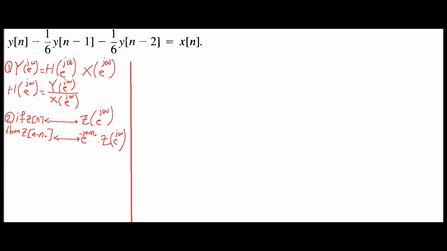The third point, which we have mentioned many times in previous videos, is that the Fourier transform of a^n u[n] is equal to 1 divided by 1 minus a e^{−jω}.